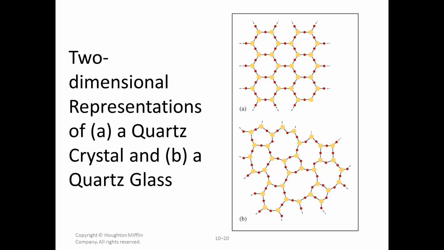In the top, we have our silicon dioxide in a very highly ordered fashion, giving rise to a quartz crystal. And in the bottom, we have much less long-range order, which we would see in a typical glass.